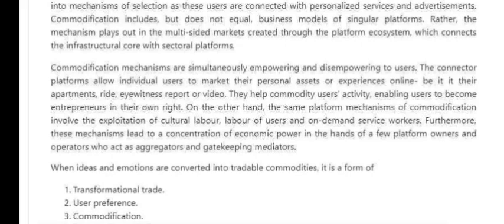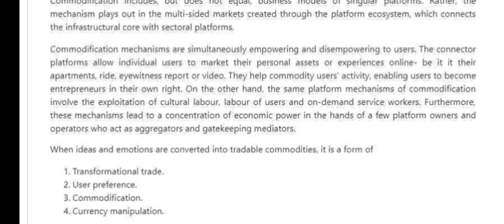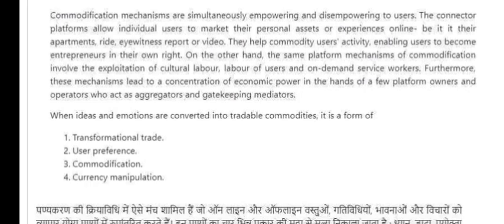Commodification includes but does not equal business models of singular platforms. Rather, the mechanism plays out in the multi-sided markets created through the platform ecosystem, which connects the infrastructural core with sectoral platforms. Commodification mechanisms are simultaneously empowering and disempowering to users.